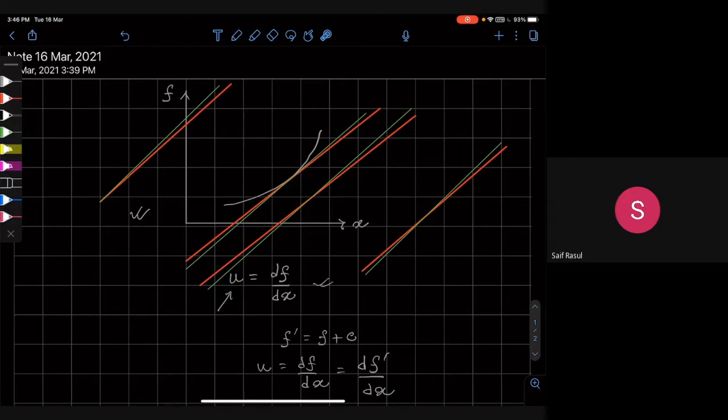So if I give you, for every value of u, the intercept as a function of u, then you will be able to reconstruct our original function as the envelope of all the tangent lines. Okay?